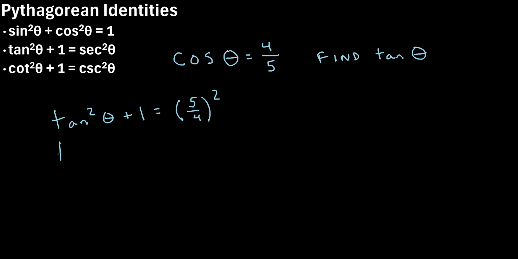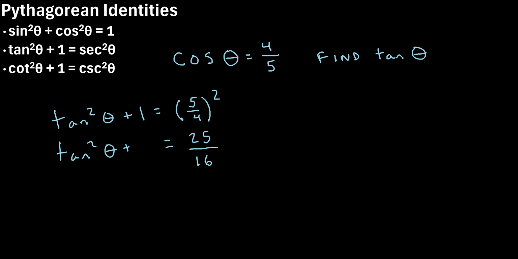If we square that, we have tangent squared of theta plus 1 equals 5 squared, which is 25, over 4 squared, which is 16. Remember the trick that we used in the last example: rewrite this 1 as a fraction with the same denominator as this fraction.